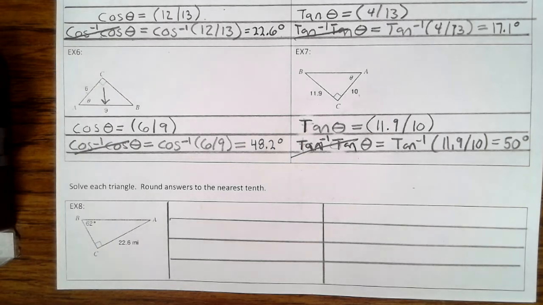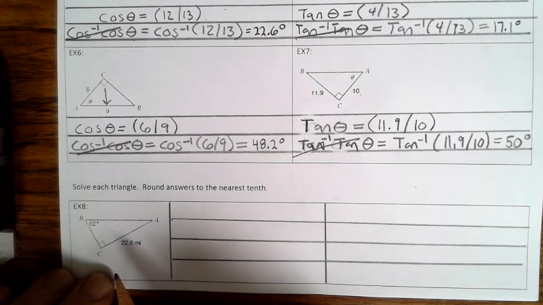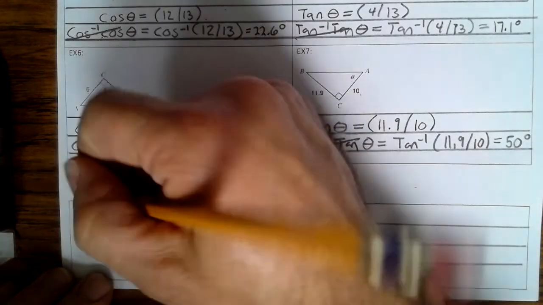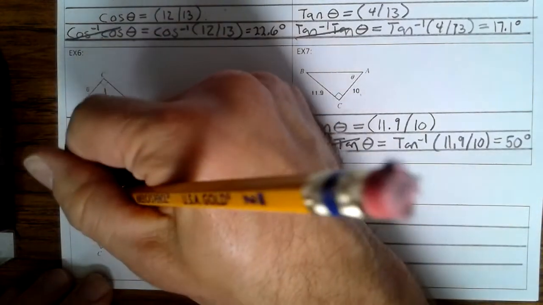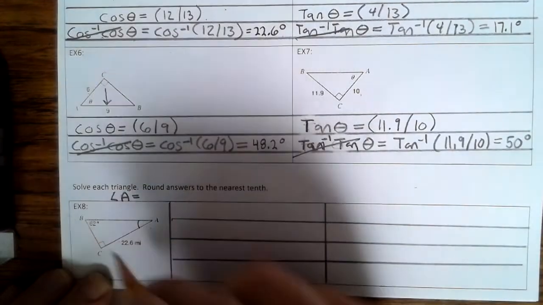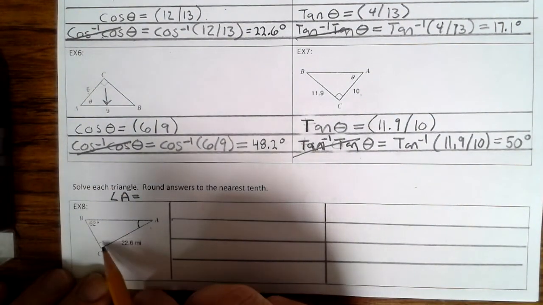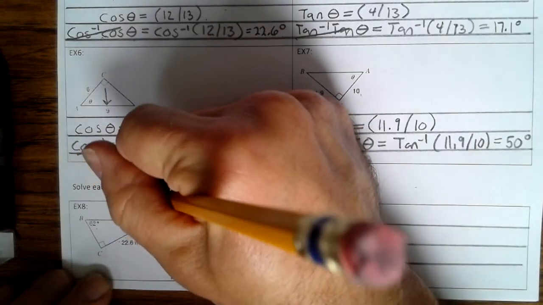Now we know that angle A, well, a triangle adds up to be 180 degrees. Well, that's 90 of it, so these two angles add up to be 90 degrees. So to find angle A, we're going to take 90 degrees minus 62 degrees. So angle A is 28 degrees.